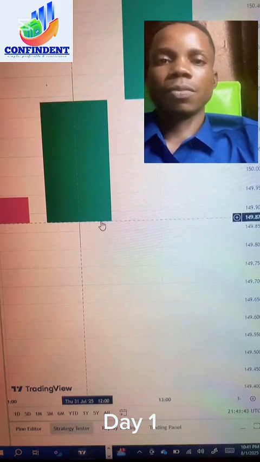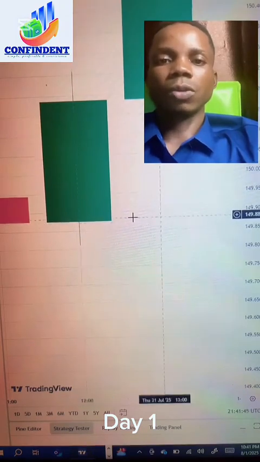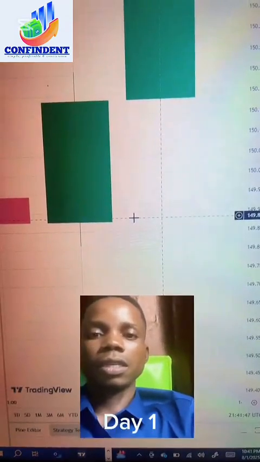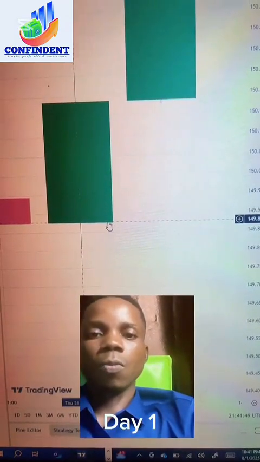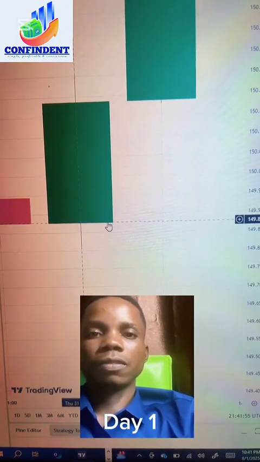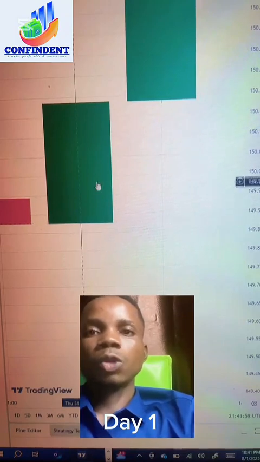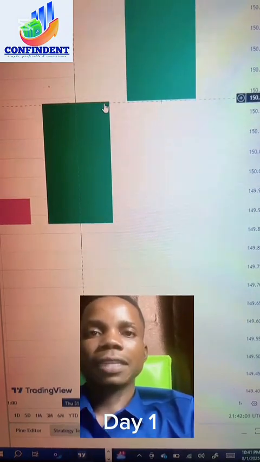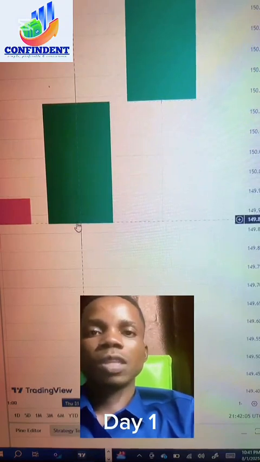Let's say, for example, as you can see in this video, let's say this Japanese candlestick opened at 149.877, and is going to close at 150.183. But it has once come to this particular point.